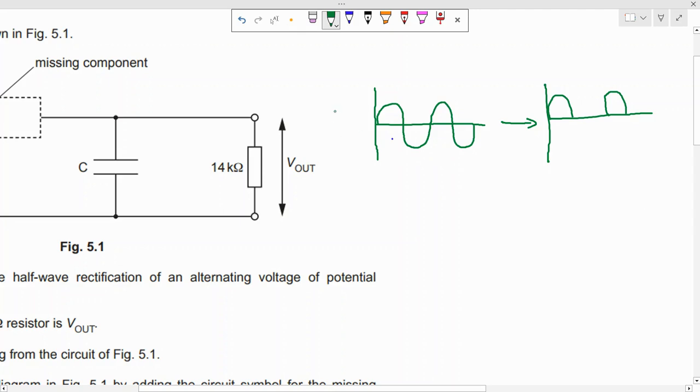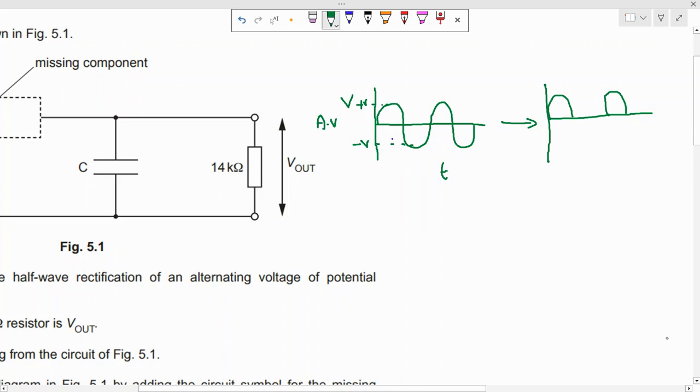And then look at this here. This is the representation of the wave function of alternating voltage, with voltage on the y-axis and time on the x-axis. There will be a positive voltage and a negative voltage in the alternating voltage input.